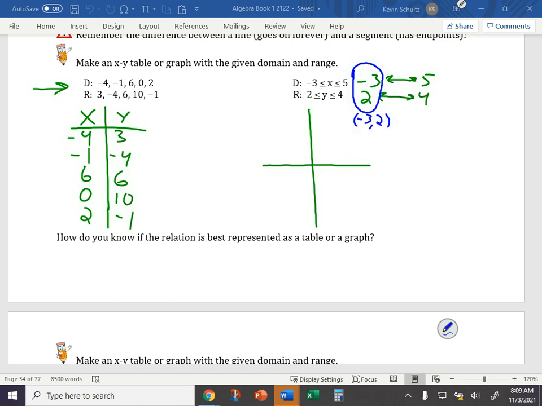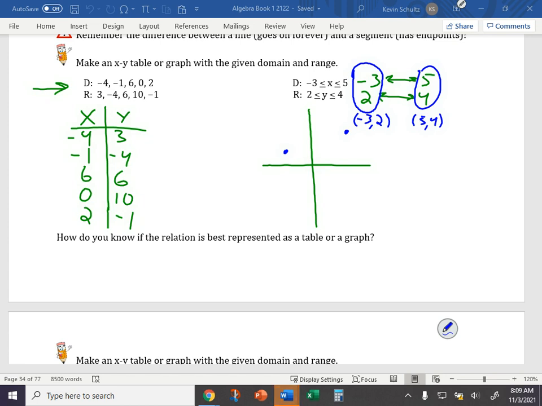We are taking the low end of the domain and the low end of the range, and so we can plot that point, -3, 2. Again, just an estimate there. And then we take the high end also. Our highest x is 5, our highest y is 4. So the other ordered pair that we can get here is 5, 4, which again, just estimate that, about there.